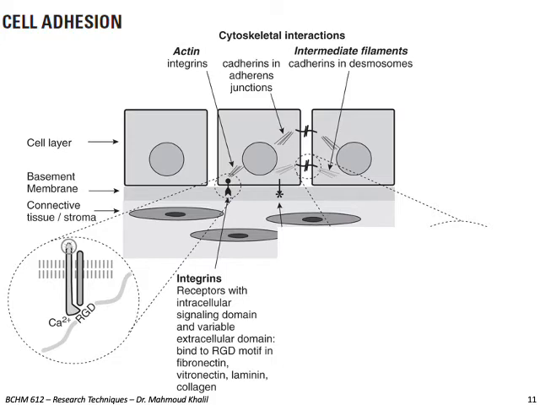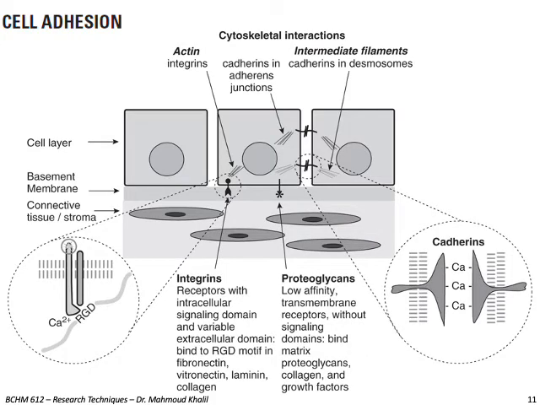You can see as well proteoglycans, which have low affinity and don't depend on the RGD domain. This transmembrane receptor without a signaling domain binds matrix proteoglycans, collagen, and growth factors. You can see as well the cadherins. The cadherins use calcium, which facilitates the binding between neighboring cells.